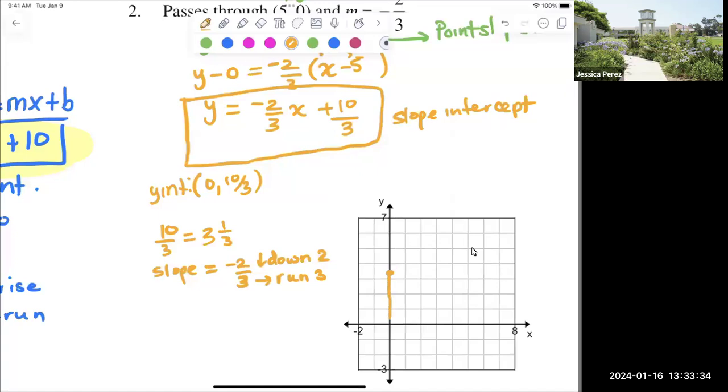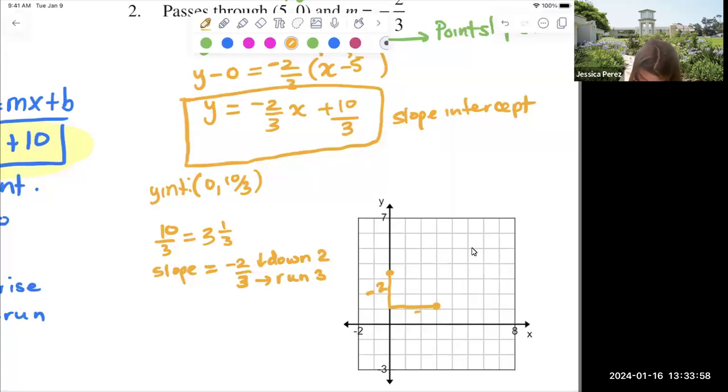So 1, 2, and then from this one, this is like roughly 1 1/3, and then here at 2, and then 1, 2, 3, right there.